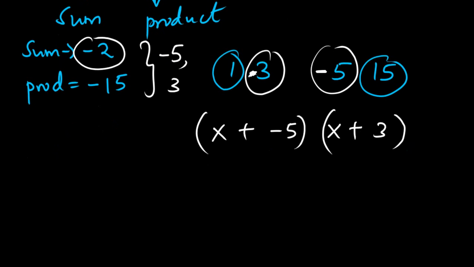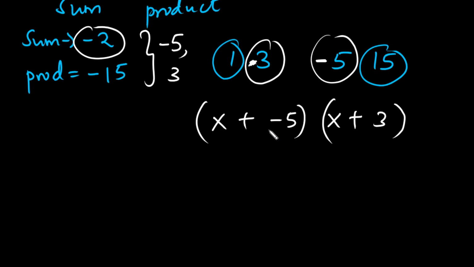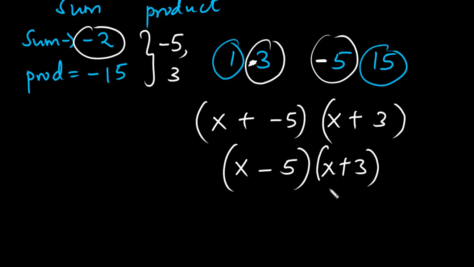Okay, but as we said, if we have a plus followed by a negative, we can replace it by a negative sign. So instead of having x plus minus 5, we can have x minus 5 and x plus 3. Okay, and that way we have factored that expression. If you want to confirm, you can just multiply these two and you see that you'll get that expression.